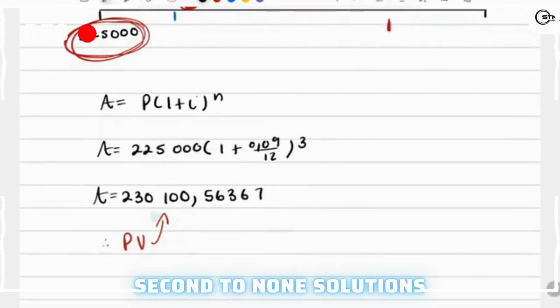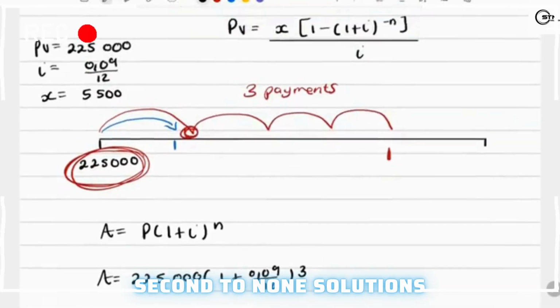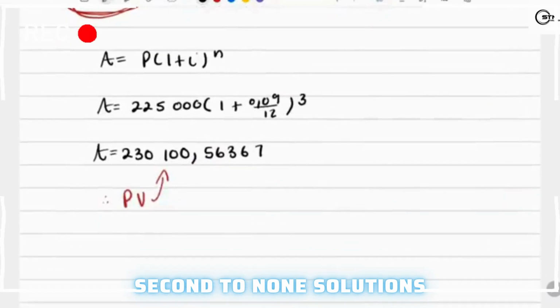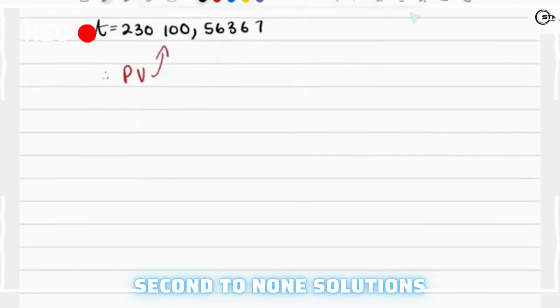So now that we have found this amount, we can find out how many payments, in total, Lesibana is going to make to settle the loan. So let's go ahead and do that. We're going to use the present value formula.